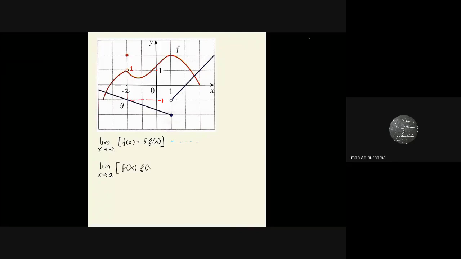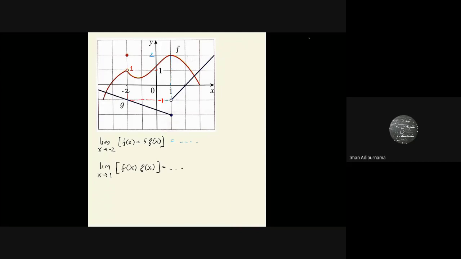If you have this f and g, 2 is here. I think 2 is not a good number. Let's change to 1. Yeah, 1, I think it's better. 1 is here. For f, it's 2.